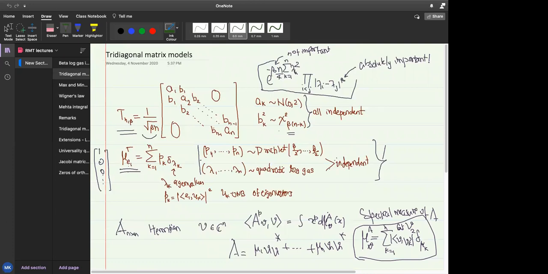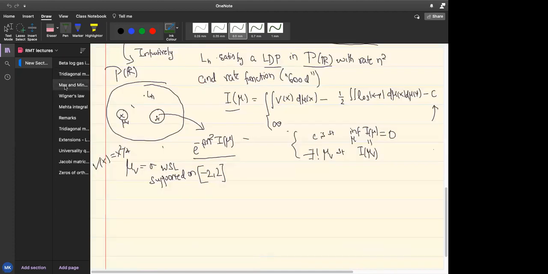If you take this tridiagonal matrix with independent entries, normal 0, 2, and bk squares are chi-squared random variables with certain parameters, then the distribution of eigenvalues is exactly the quadratic log gas. So this was what I said, and we were going over some of the uses of it.